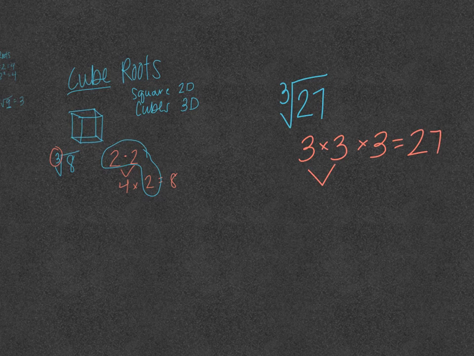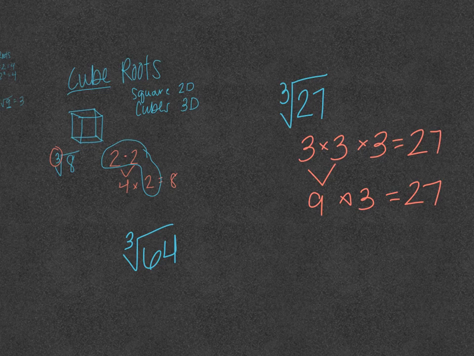So 3 times 3 is 9, times 3 is 27. Another example would be the cube root of 64. 4 times 4 is 16, times 4 would be 64.